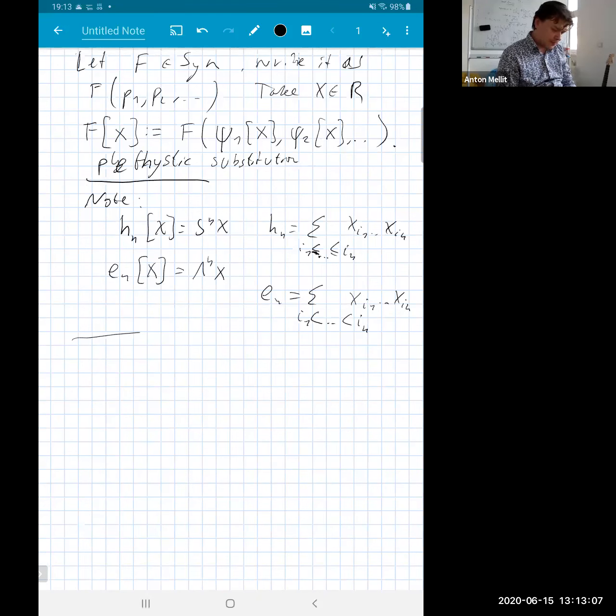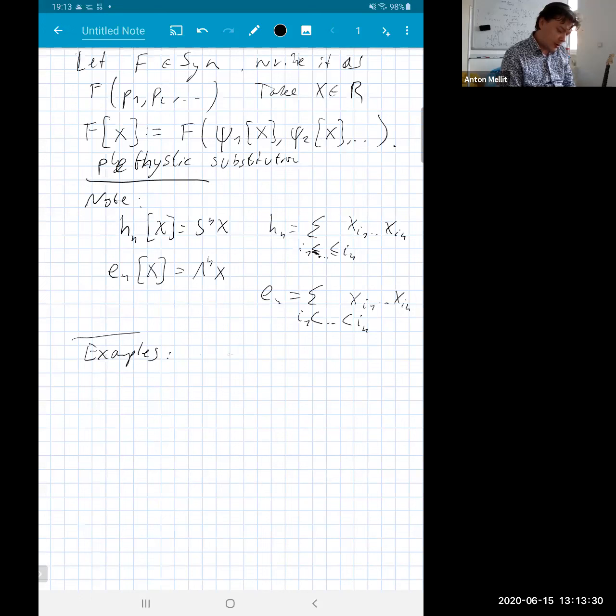Now, here are some examples. Sometimes we have some element in the lambda ring which behaves like a line bundle.